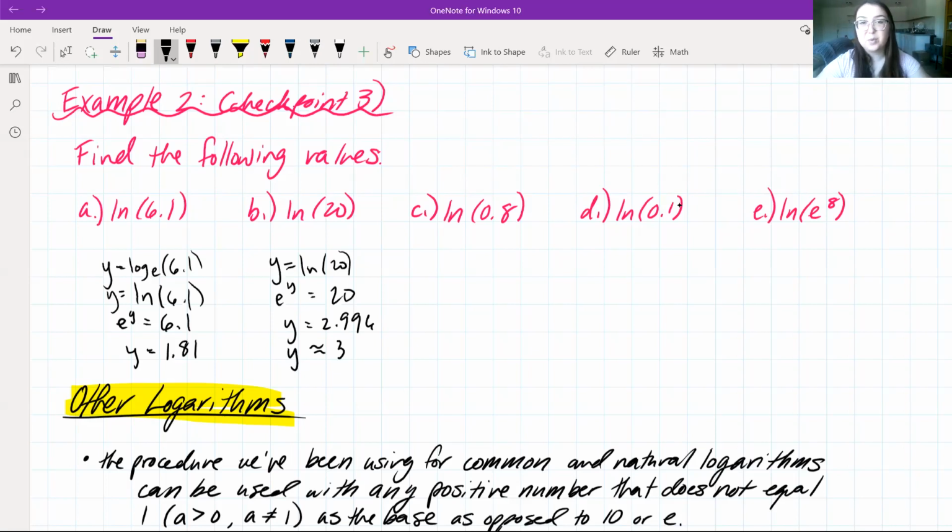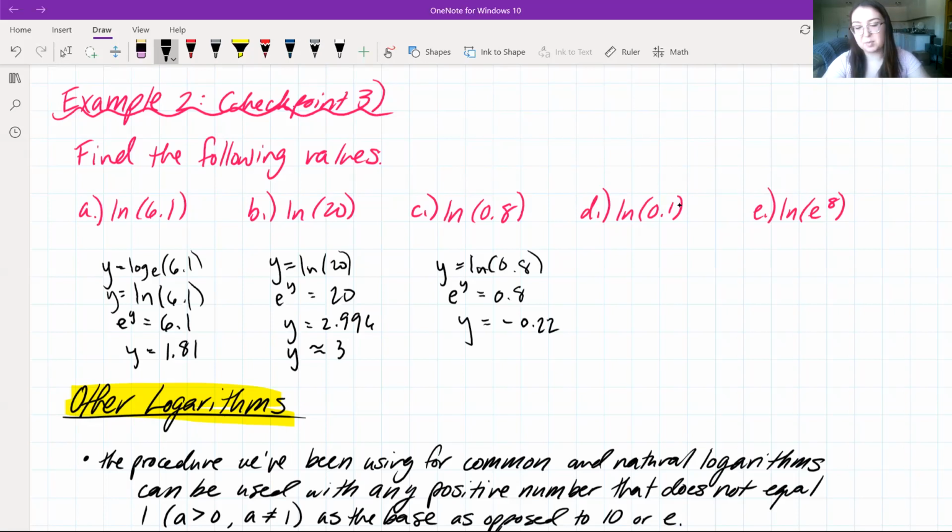So we know that the number 20 is almost e to the third power, just a little off. So for part C, we have the natural log of 0.8. So we can rewrite this to give it a y. And we know e to the y power is going to be equal to 0.8. And we can use our calculator in order to solve this, which you should get negative 0.22.